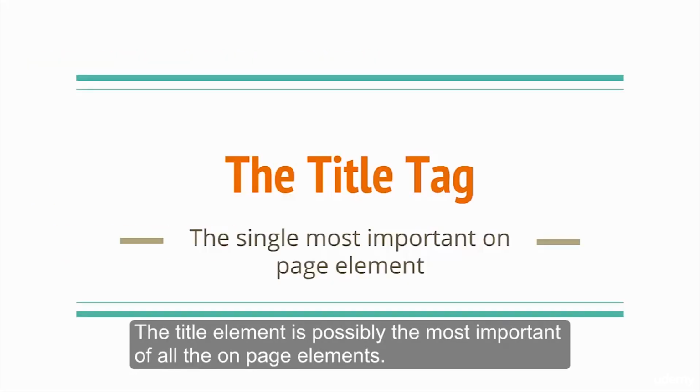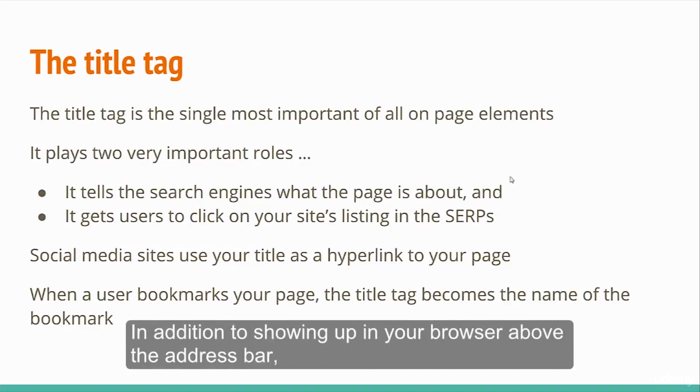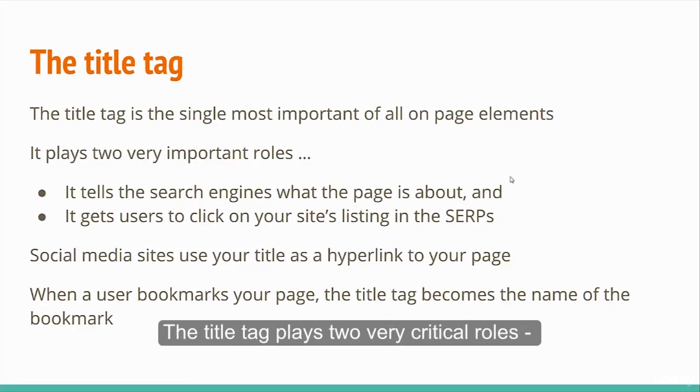The title element is possibly the most important of all the on-page elements. This is the first element on your page a user sees when they do a search. In addition to showing up in your browser above the address bar, the title also shows up in the search engine results pages or SERPs. The title tag plays two very critical roles.